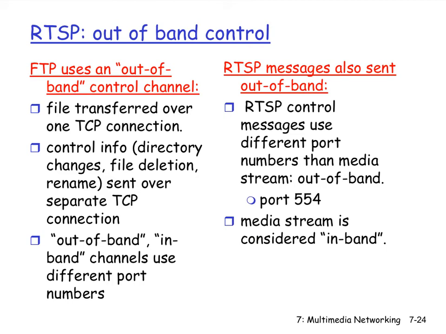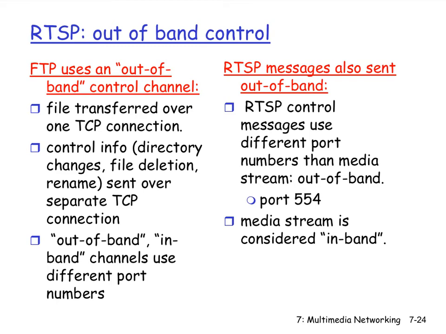So for connecting to the streaming server, we actually need two connections. One will use a port for streaming the multimedia content using UDP or TCP, and another one for RTSP, which uses a separate port for out-of-band control of how to stream that video or audio.